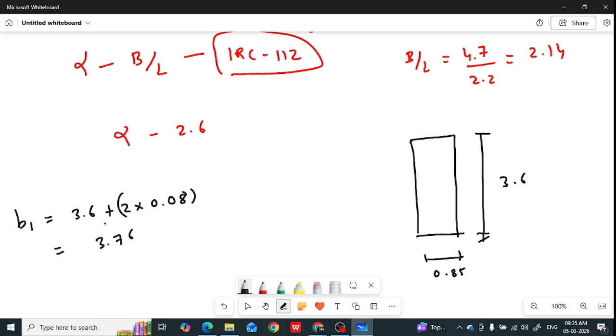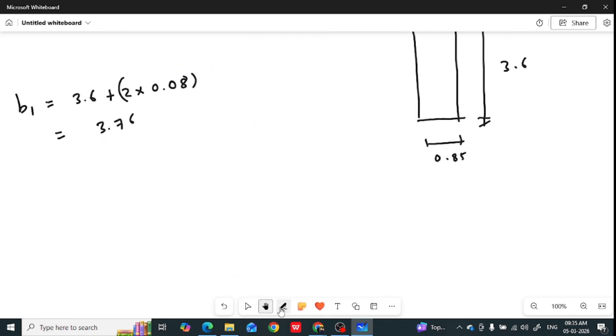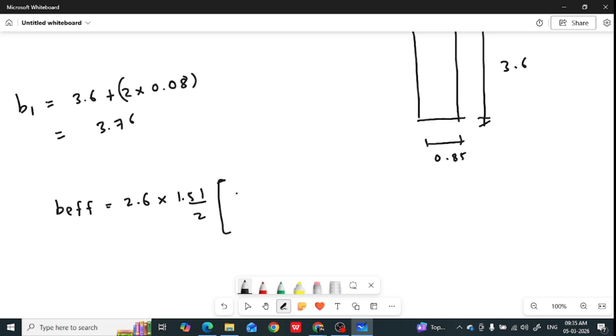Now again, put all the values in the formula and find the effective width of the load on the slab. So B effective equals 2.6, that is the value of alpha, into A, that is 1.51 divided by 2, into 1 minus 1.51 divided by 2, that is again A, divided by L, 2.2, plus B1.